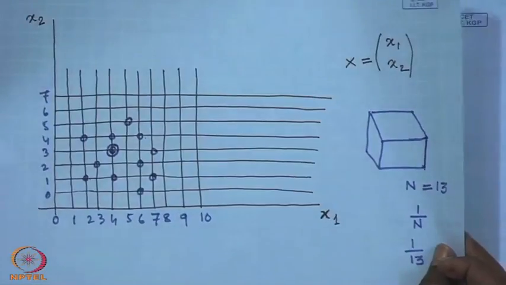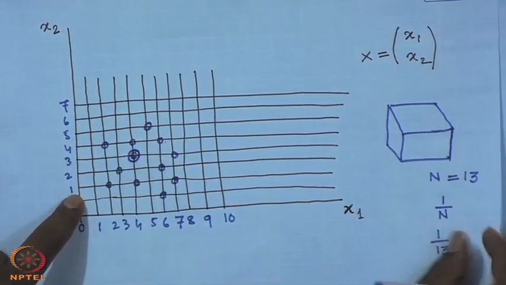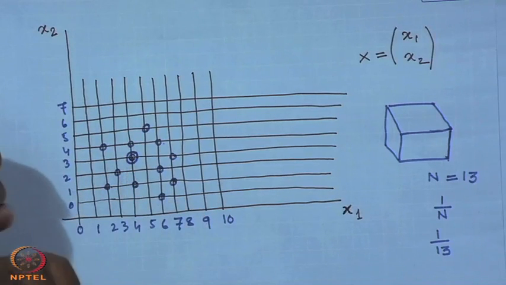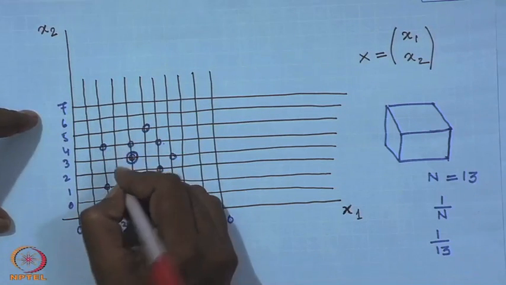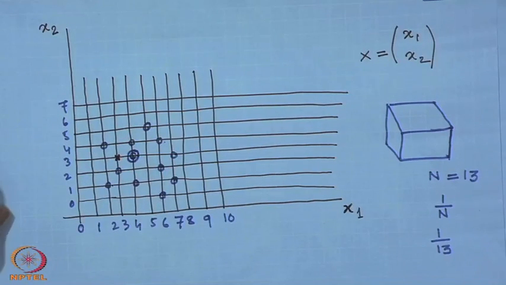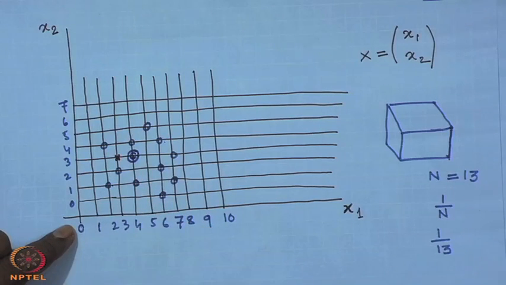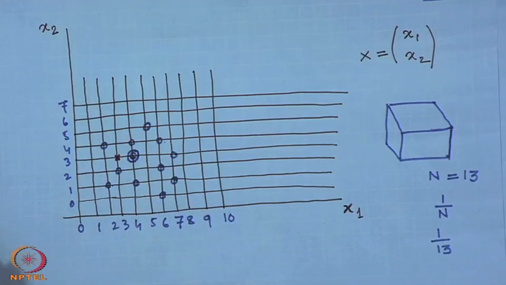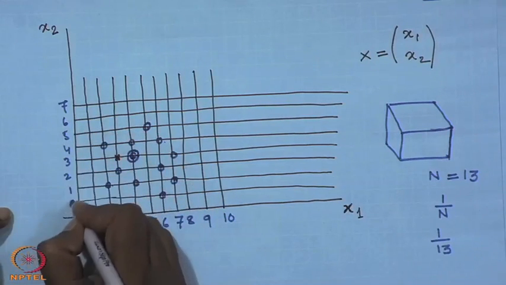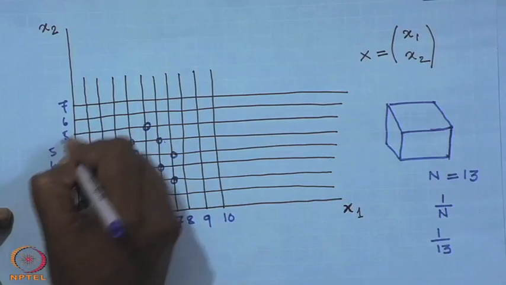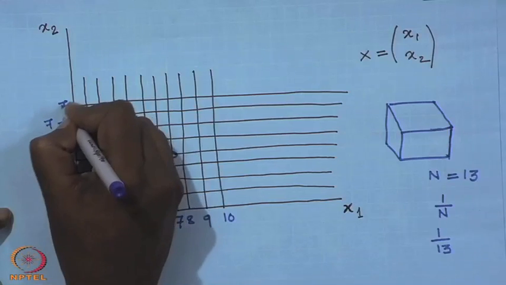Now, suppose I have to estimate the probability density at, let us assume, this location. Here I did not have any sample. What is the probability density at this location? Sorry, here I have made something wrong. This has to be 1, this has to be 2, 3, 4, 5, 6, 7, and 8.